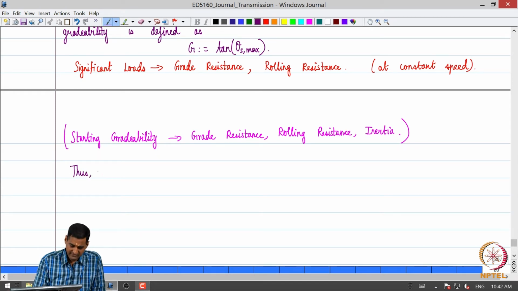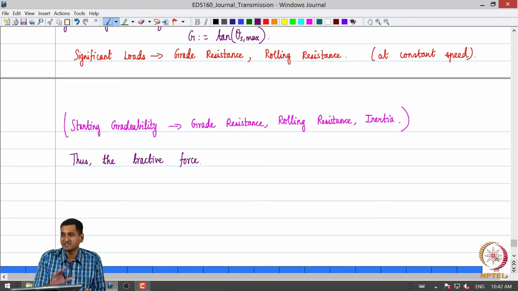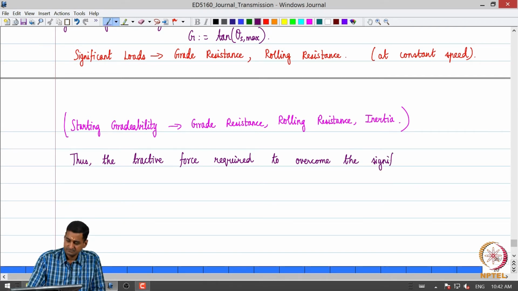Thus, in this course, if I talk about gradability, by default I am talking about continuous gradability. Let me clarify here. So the tractive force required to overcome the significant loads is F, which is the tractive force.